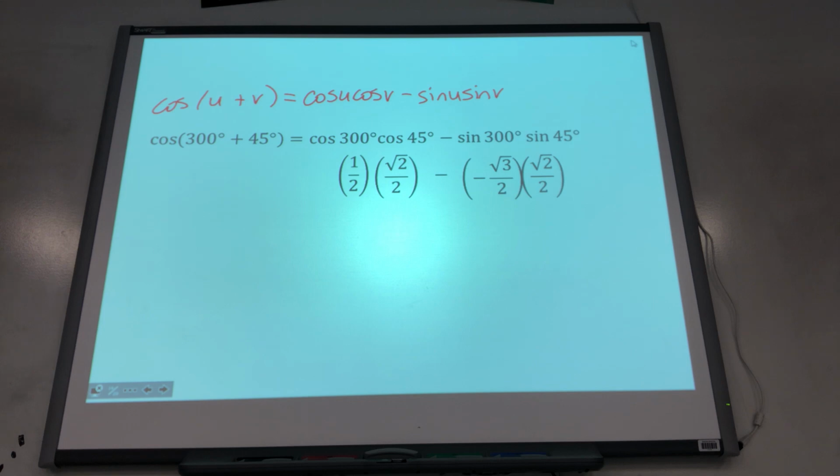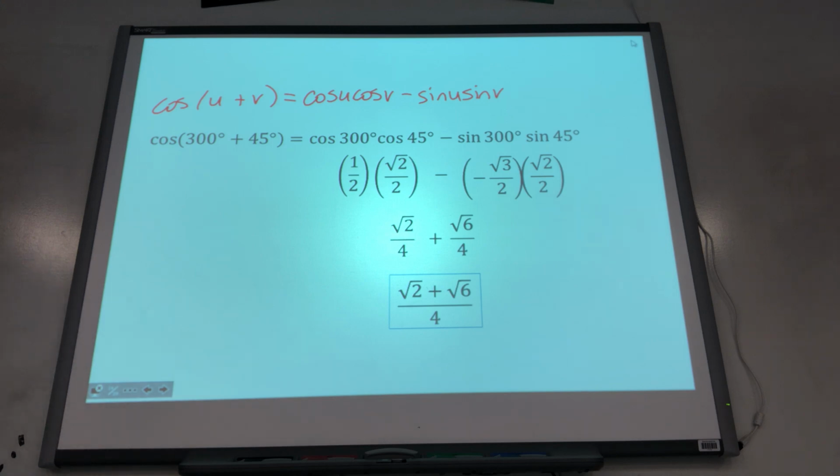And a lot of it's the same as far as how to simplify. Make sure that you made it a plus sign: radical 2 plus radical 6, all over 4. That would be it for cosine of 300 plus 45. Okay, any questions about that?